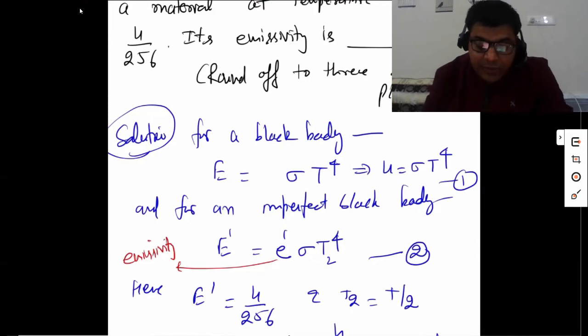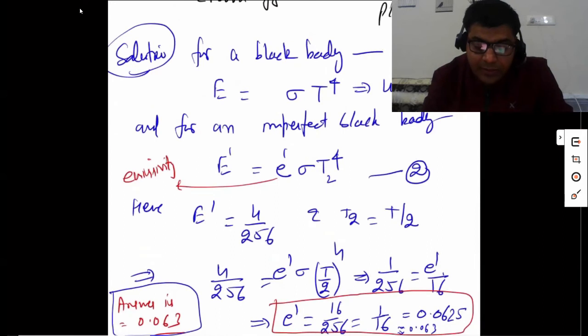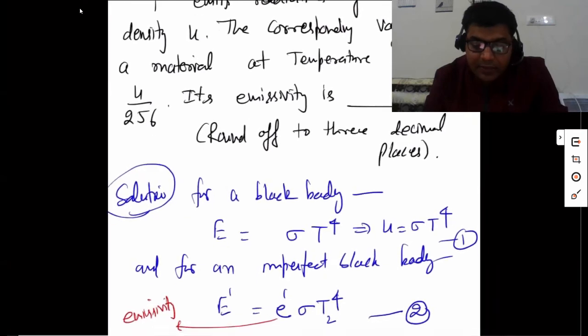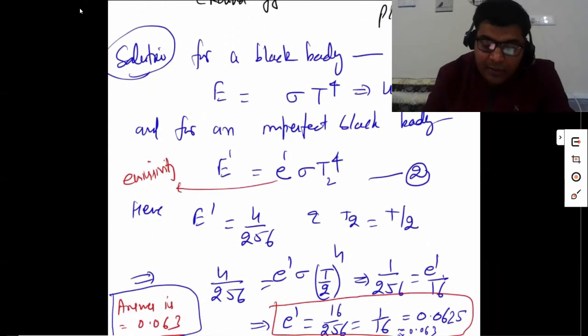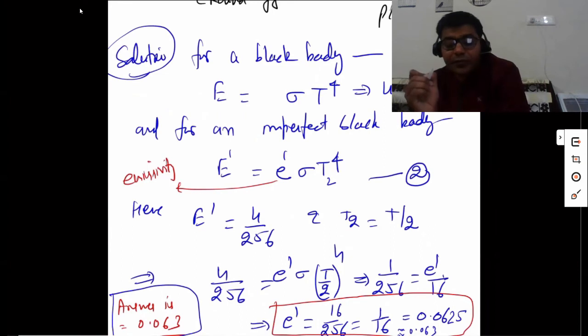Here it's been said that at temperature T by 2, the energy density is U by 256. The same material at a different temperature T by 2 doesn't work like an ideal black body, so I will have to keep this factor E prime. Sigma is of course the Stefan constant, and the temperature is T by 2 to the power 4.